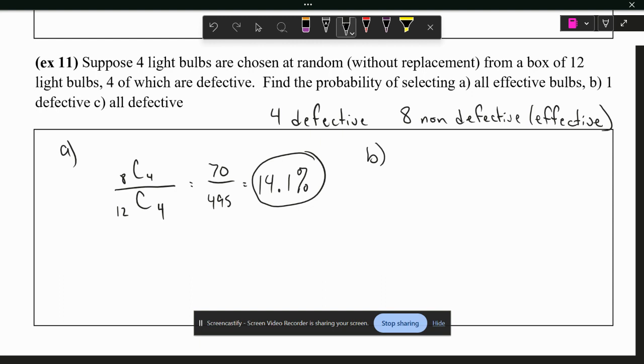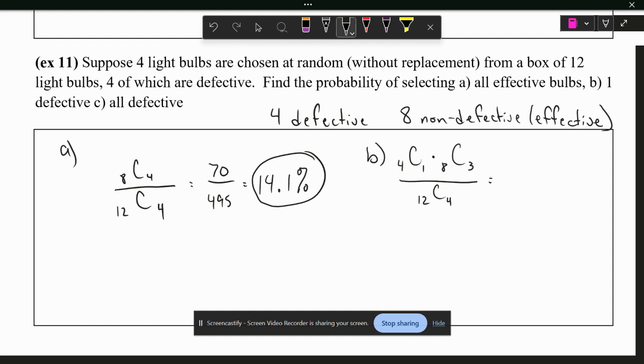So if I have 4 that are defective, I'm choosing 1. But I also have to choose 3 other light bulbs. Those other light bulbs have to be from the 8 non-defective, and I'm choosing 3, over 12 choose 4. So now I've got to multiply those together.